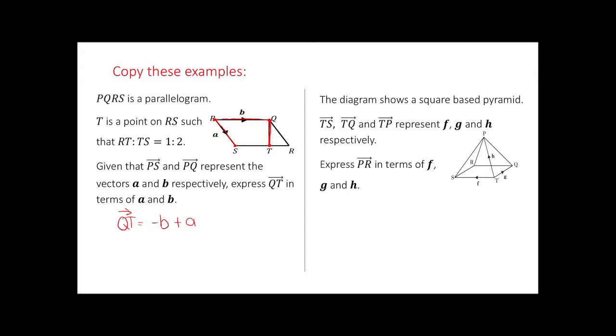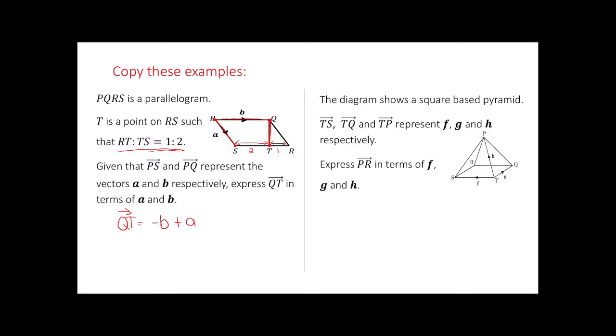And then this is where this piece of information over here comes in handy. So there's a reason that they're telling us that. We just need to figure out what it is. So what they're saying is that R to T, so this distance here, is in the ratio of 1 to 2 with this distance here.